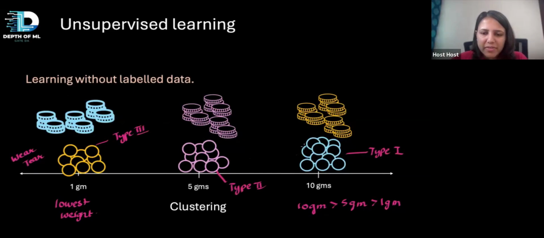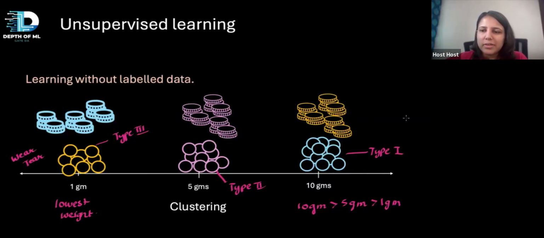So which one is the heaviest weight right now? Tell me the color of these coins. What is this color? Is this yellow? I don't know. Yeah, you guys are seeing this to be yellow. This is blue, right? So blue coins are the heaviest weights. They are 10 grams. They have the highest value.